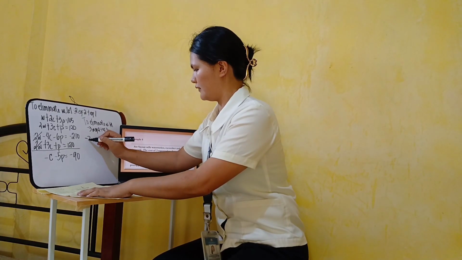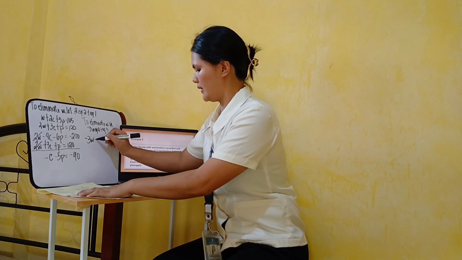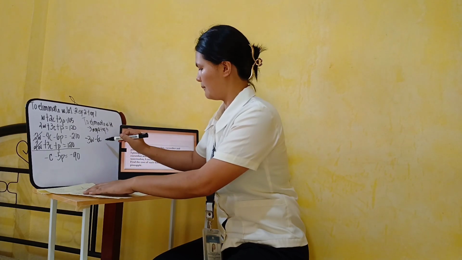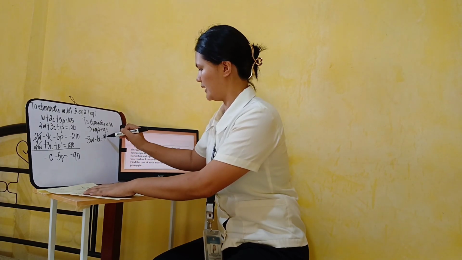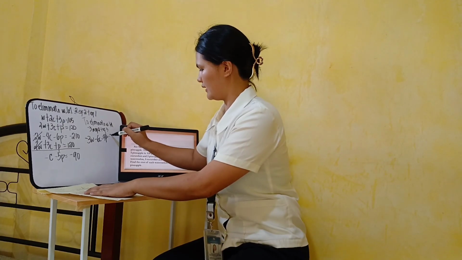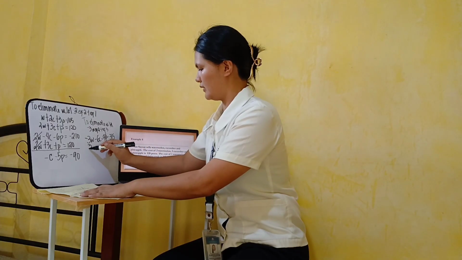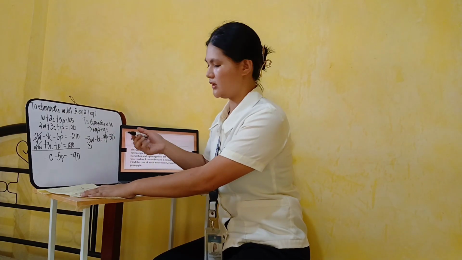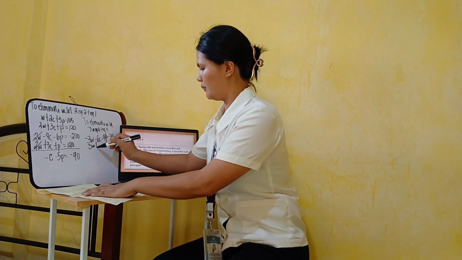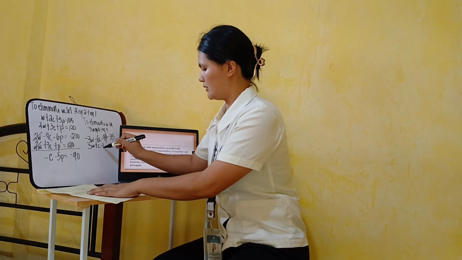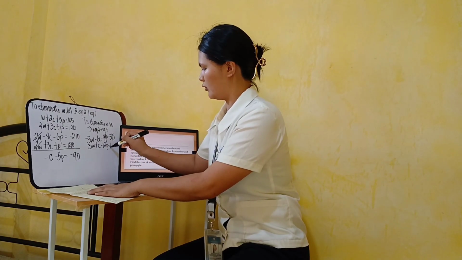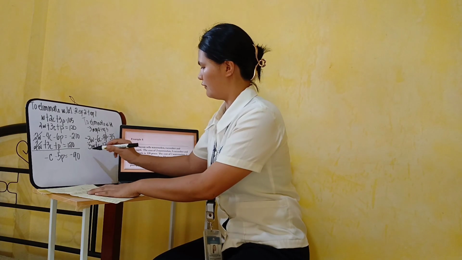So negative 3W minus 6C minus 9P is equal to negative 315, and copy the equation 3. 3W plus C plus 2P is equal to 135.